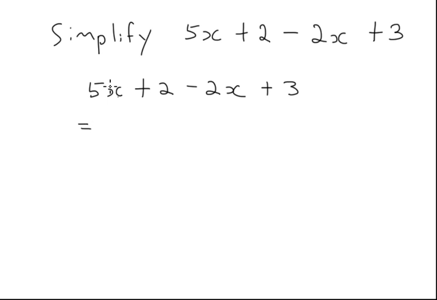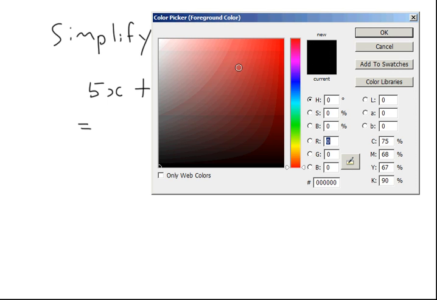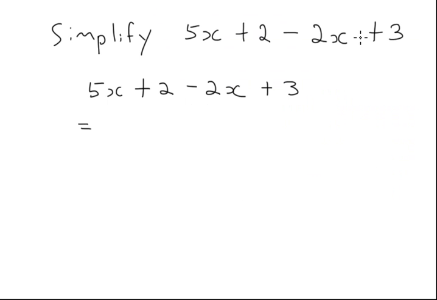When I say gather like terms, I mean I want to bring all the x's together. Now pardon me and let me change my ink color. What I want to do is to move this term, minus 2x, to be next to 5x. So I will have 5x, I copy back, and then I move minus 2x.